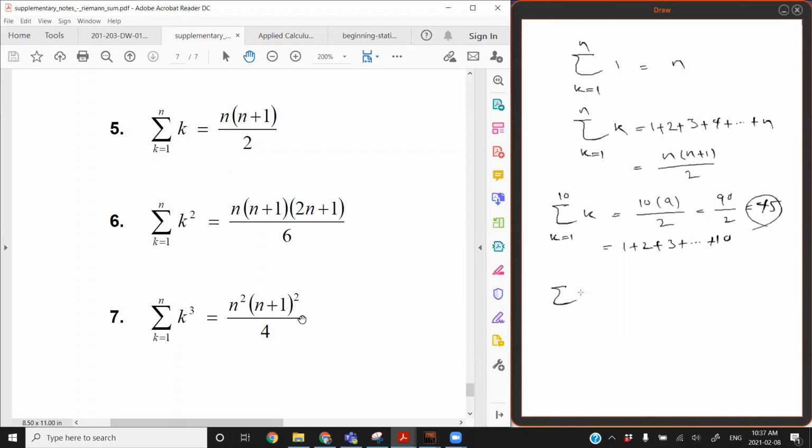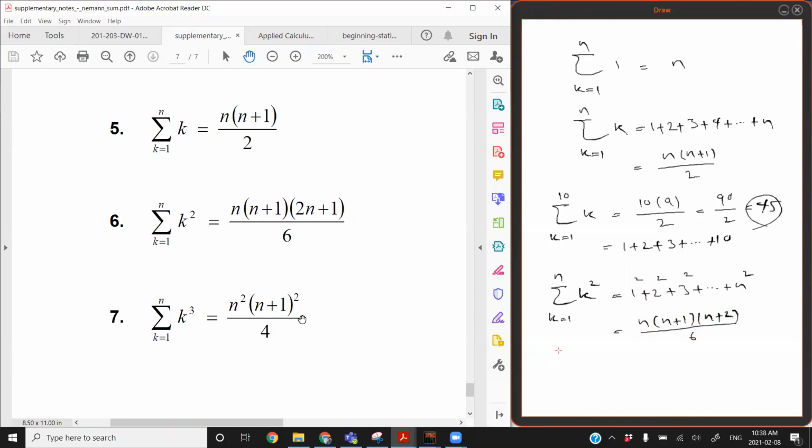If you have sigma k squared, k from 1 to n, that is if you have 1 squared plus 2 squared plus 3 squared all the way to n squared, the formula is going to be n times n plus 1 times 2n plus 1 over 6.